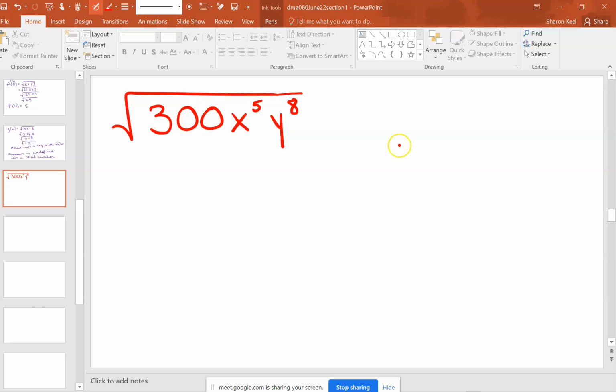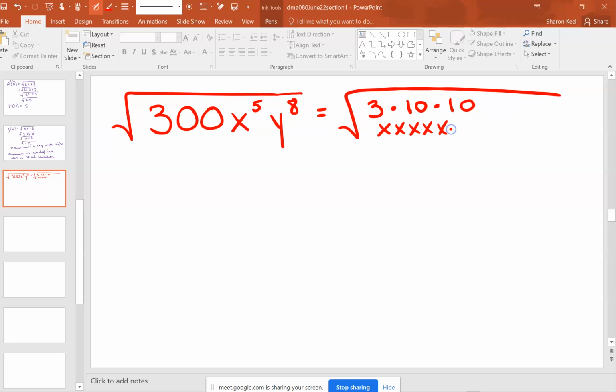If I wanted to simplify this longhand, let's factor everything, because I want you to see what we're actually doing here. 300 would be 3 times 100, and 100 is 10 times 10, right? So 3 times 10 is 30, and 30 times 10 is 300. We have a total of 5 x's, and a total of 8 y's.